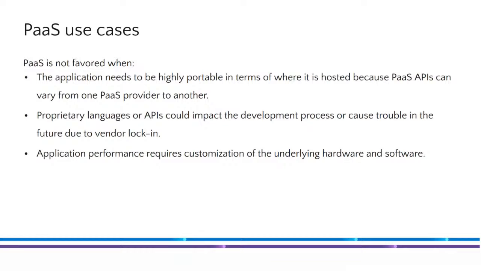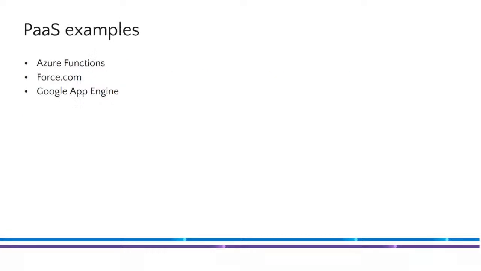And vendor lock-in is something in the business aspect, because when we are vending our services to other people in the industry, that can also be possible due to vendor lock-in, because there can be blockage from the vendors also. That is also not preferable for platform as a service. Cool. Now, examples of PaaS are Azure Functions, Force.com, Google App Engine. These are great examples of platform as a service, and you can check that out.